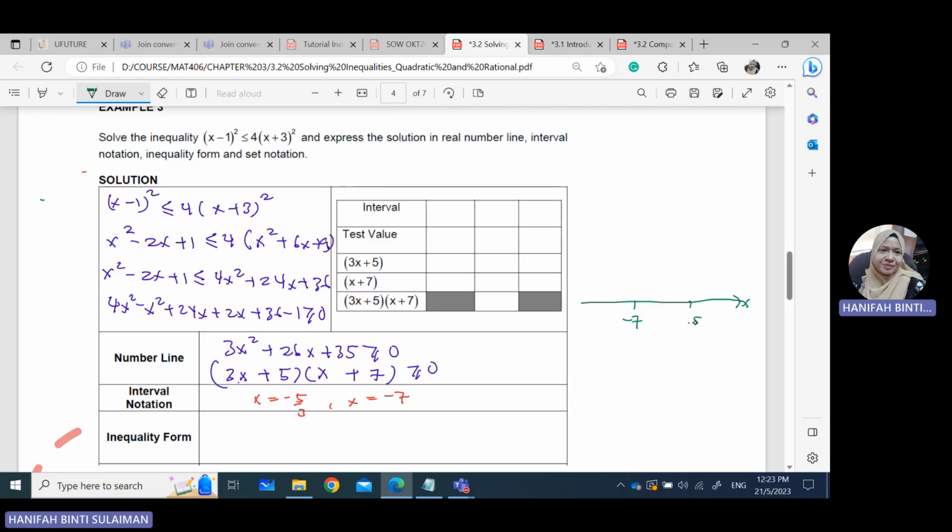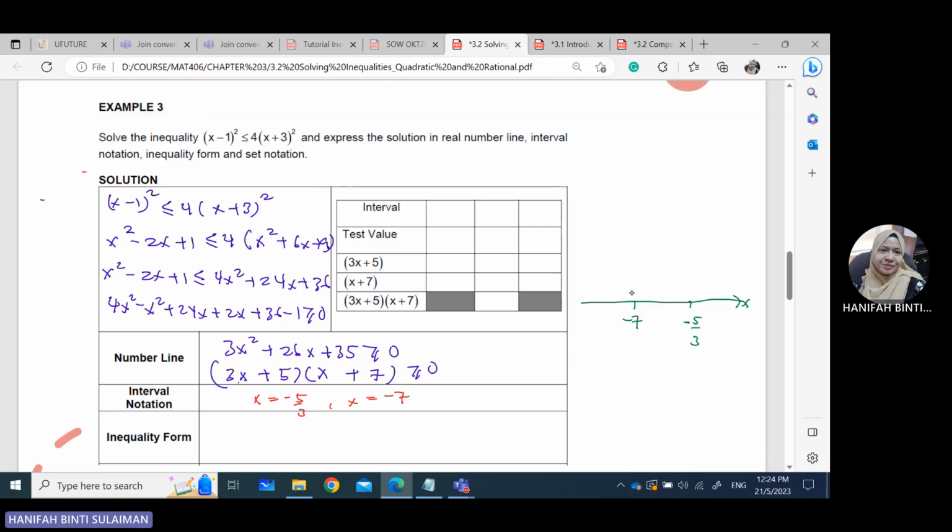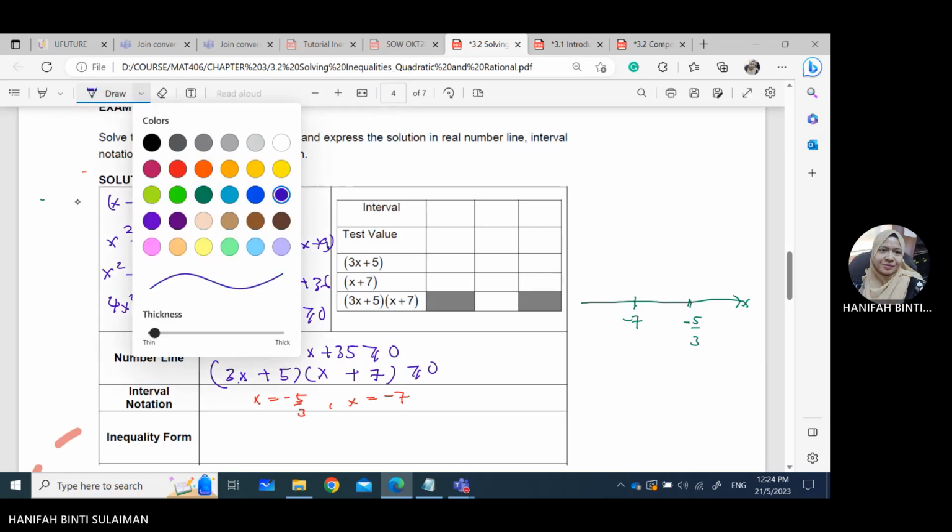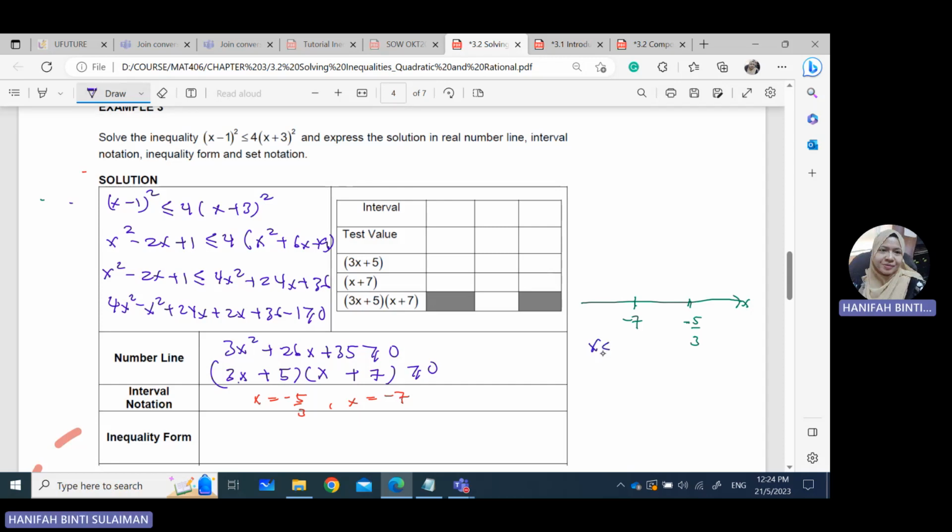This one is negative 5/3. This area is x less than or equal to negative 7. Kat middle kat tengah-tengah ni x greater than negative 7 and less than negative 5/3.